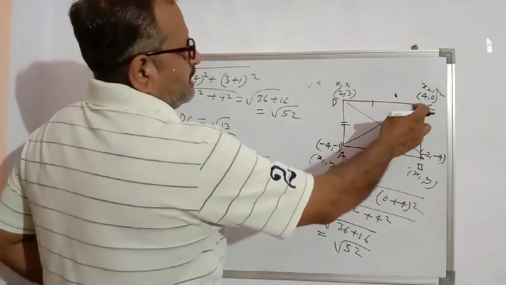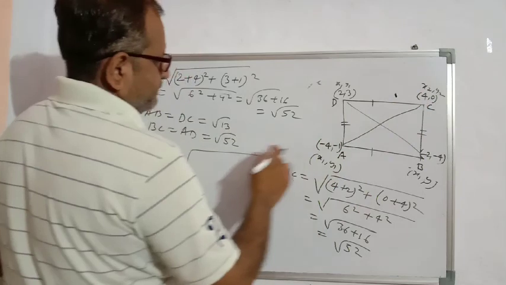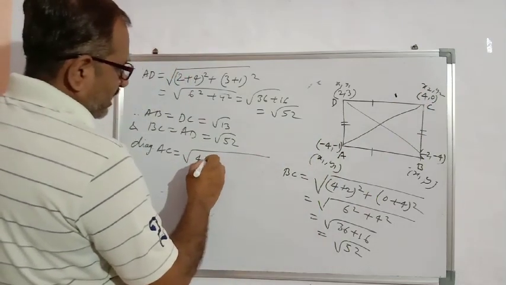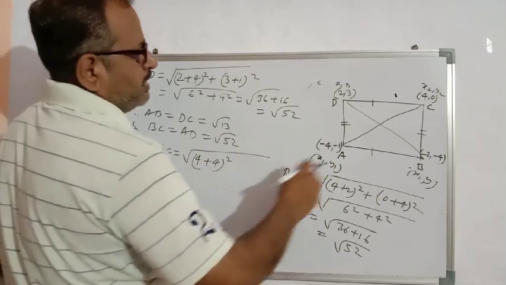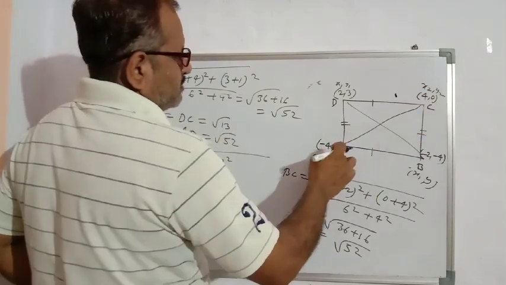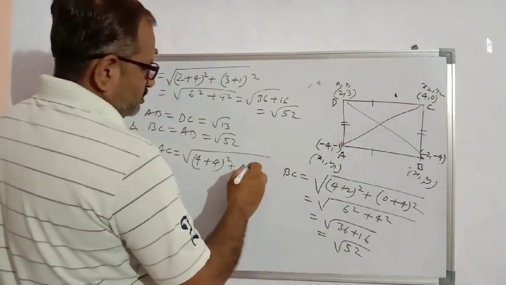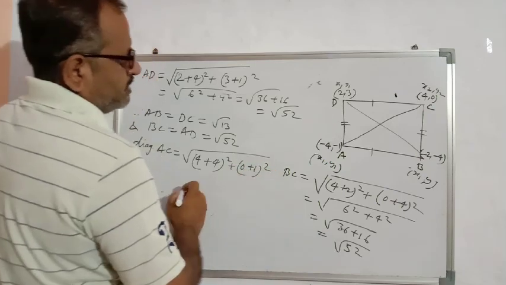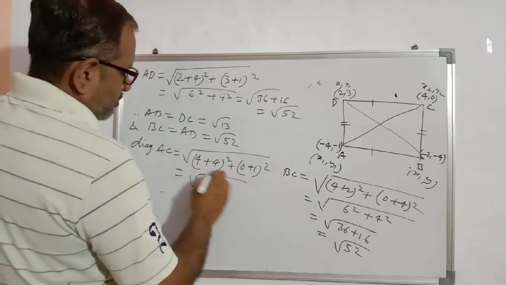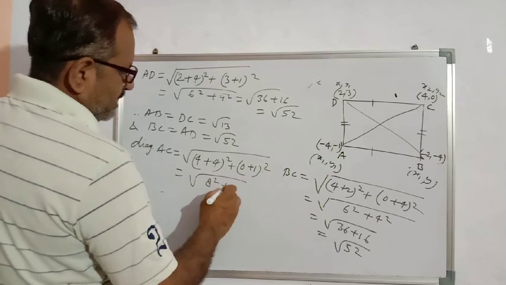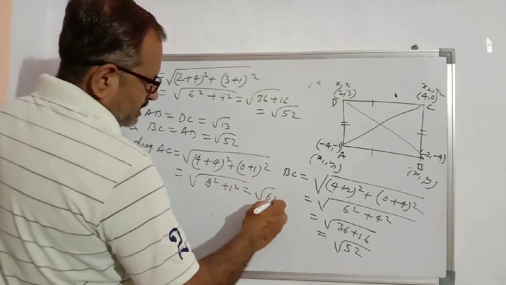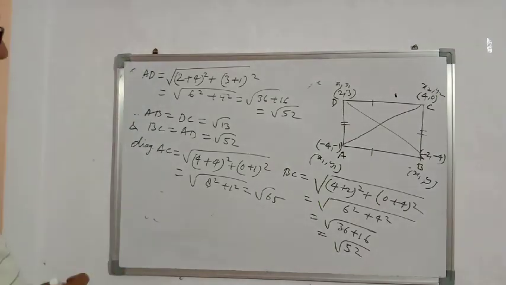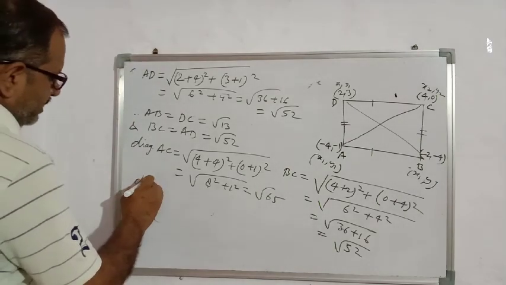How will you find diagonal AC? x2 minus x1, so 4 minus minus 4, 4 plus 4 whole square. y2 minus y1, so 0 plus 1 whole square. 4 plus 4, 8. 8 square plus 1 square. 8 square is 64 plus 1, it will be 65. Diagonal BD.